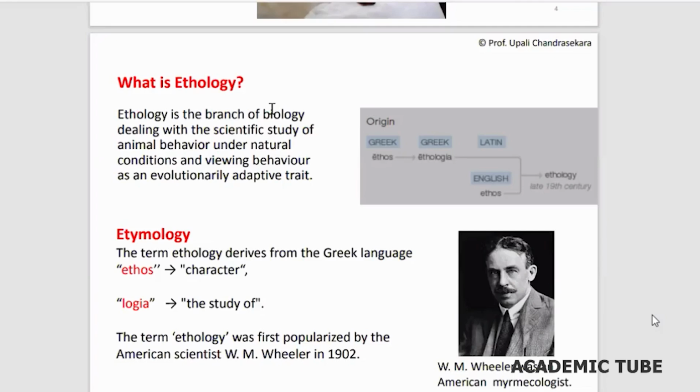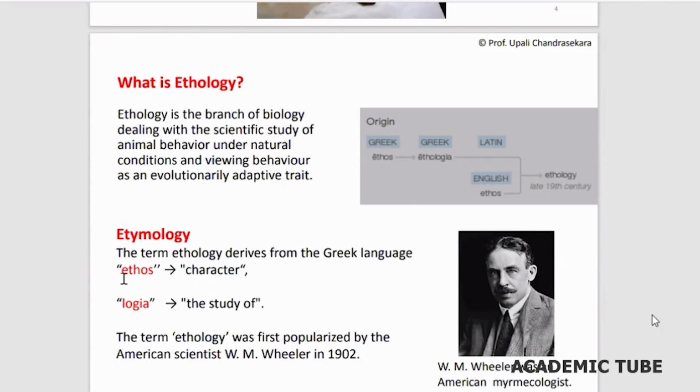Now, whenever we come across a new word, it is always best to find out its origin. Now, ethology has a Greek origin, right? When we consider the origin of any word, that is what you call etymology. Now, the etymology of ethology, when we consider that, has a Greek origin.